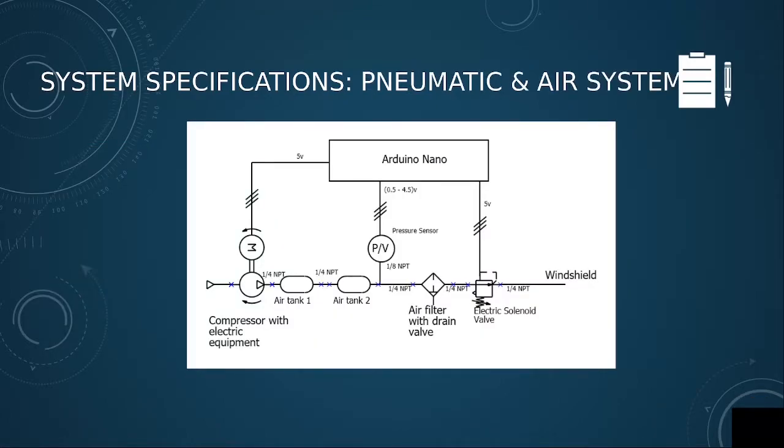This schematic is a mix of a P&ID with pneumatic symbols because it's for better understanding. Here we can see the compressor, the 2 air tanks, the sensor, the filter, and the solenoid valve. We can see that the pressure sensor is connected to the Arduino Nano and the electric solenoid valve too. There is supposed to be the switch, but to see it better we put it that way.